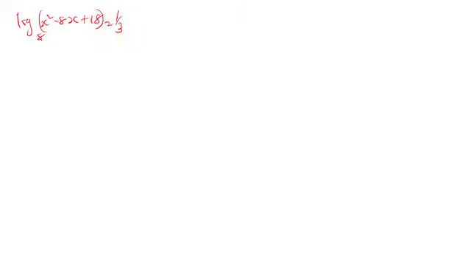Now with this, remember the rule, the base raises the answer, so it becomes x squared minus 8x plus 18 is equal to 8 raised to power 1 over 3. We've converted it from logarithmic to index form.